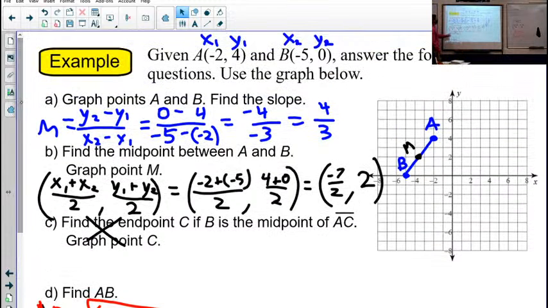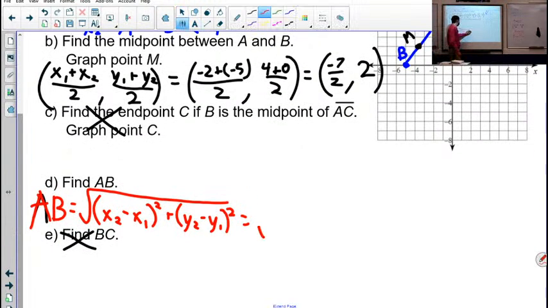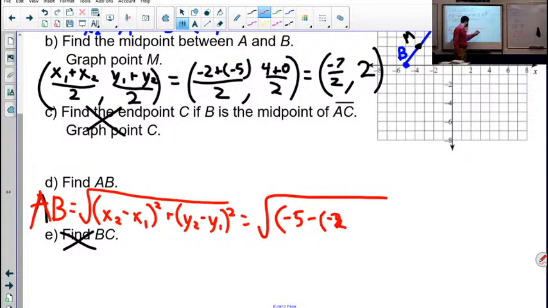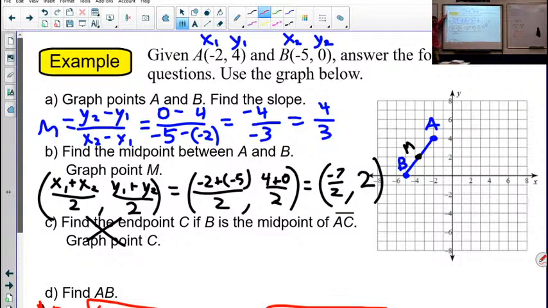So we want to look, what are our x coordinates? Our x coordinates here are -5 and -2. So we're going to be subtracting those. -5 minus a -2, squared, plus, subtract the y coordinates. The y coordinates here are 0 and 4.